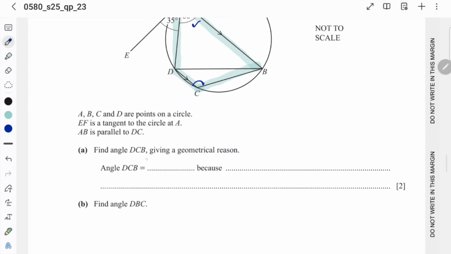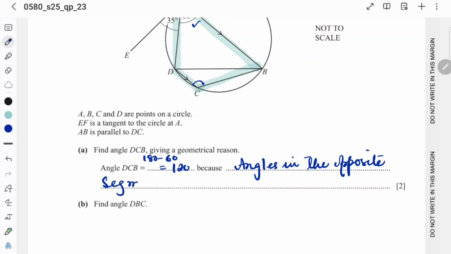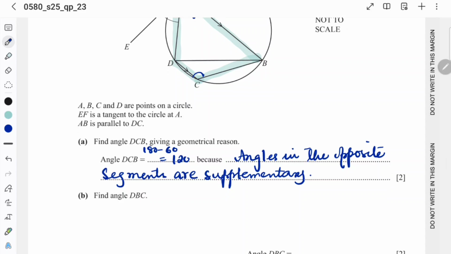So this is 180 minus 60, which is equal to 120 degrees, because angles in the opposite segments of a cyclic quadrilateral are supplementary.